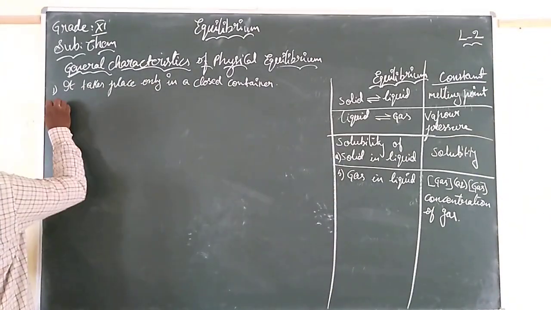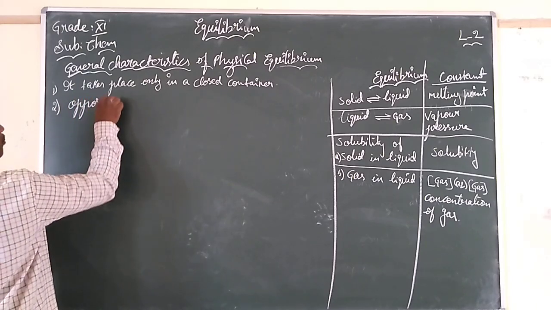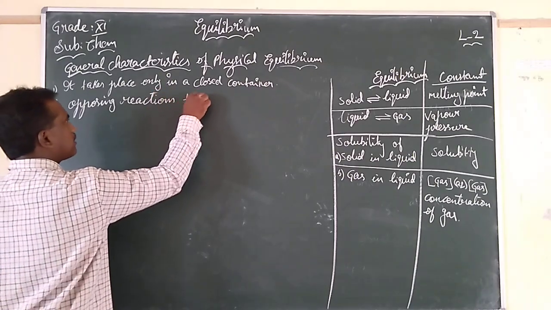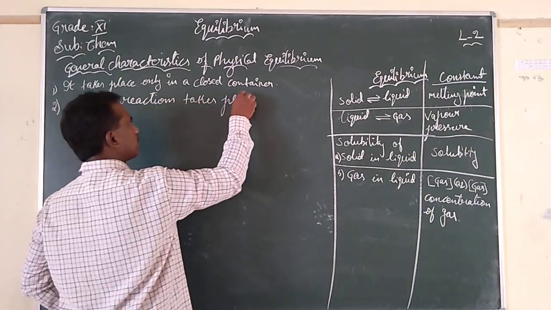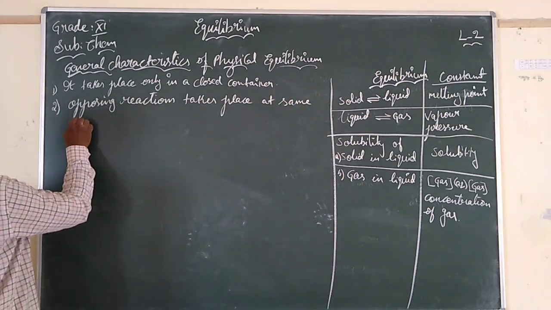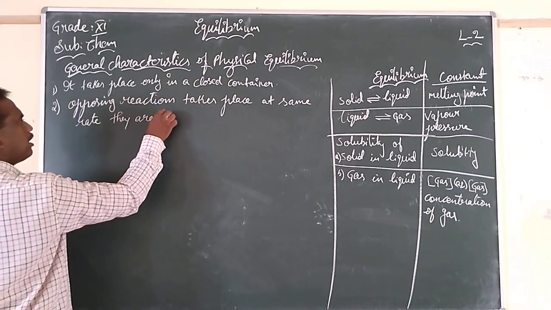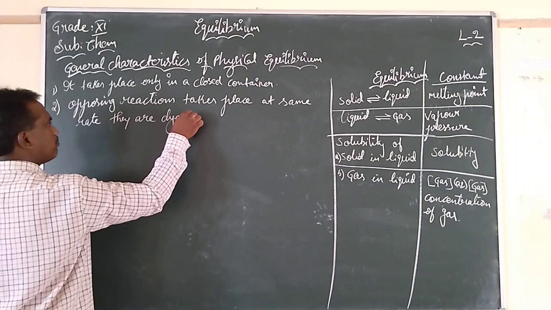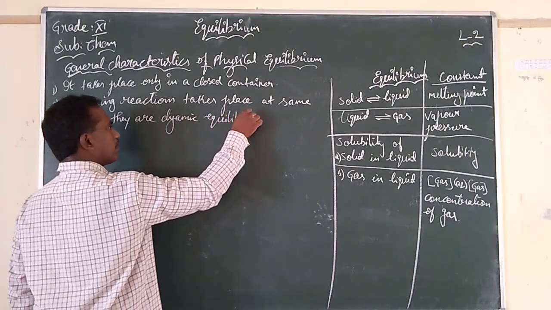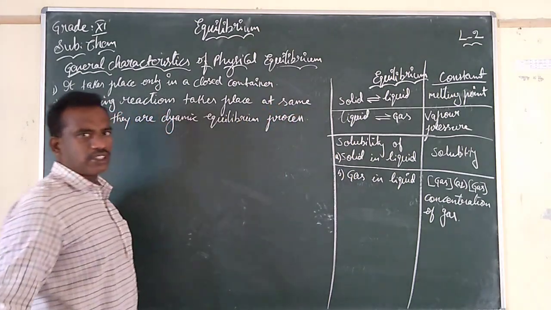So what we say is, opposing reactions take place at the same rate, that is they are dynamic equilibrium processes.